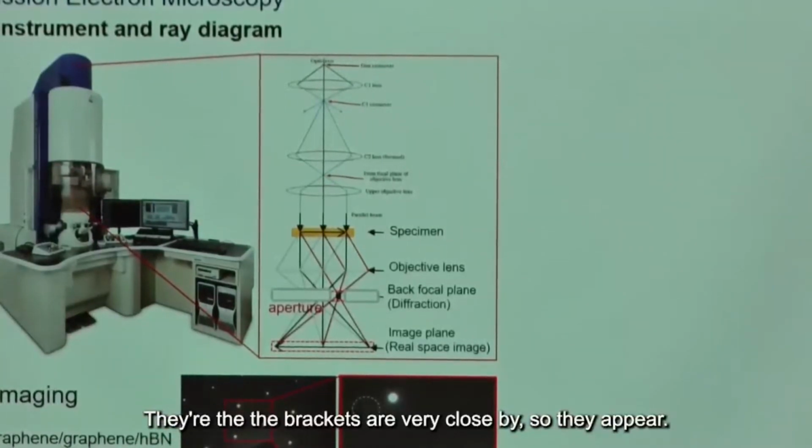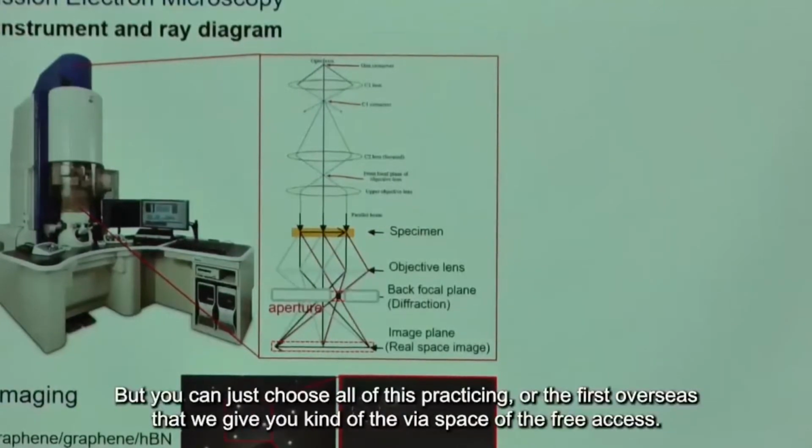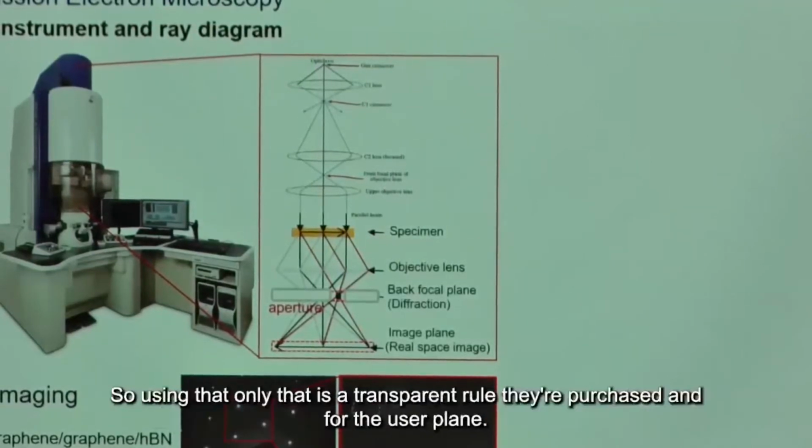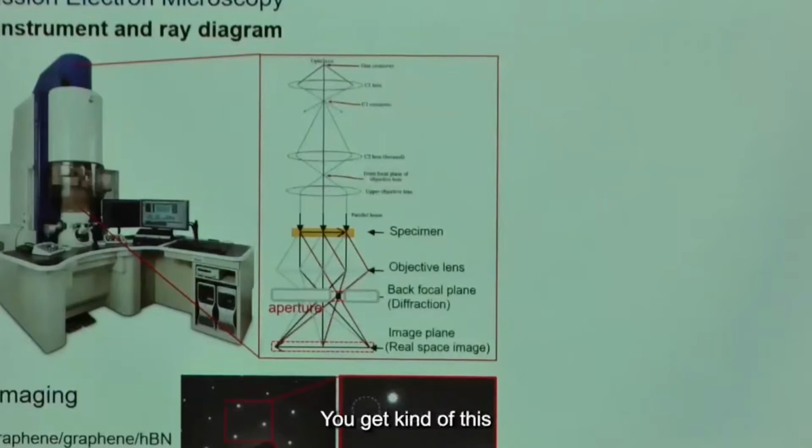But you can choose one of these Bragg peaks, the first order or second order Bragg peaks. That will give you the real space, the inverse Fourier transform images. So using that Bragg peak, and only that is transmitted through the aperture and projected on the image plane, you get this momentum selected or Fourier selected imaging.